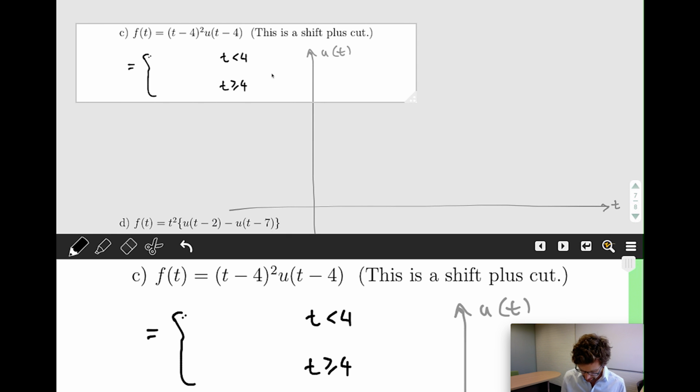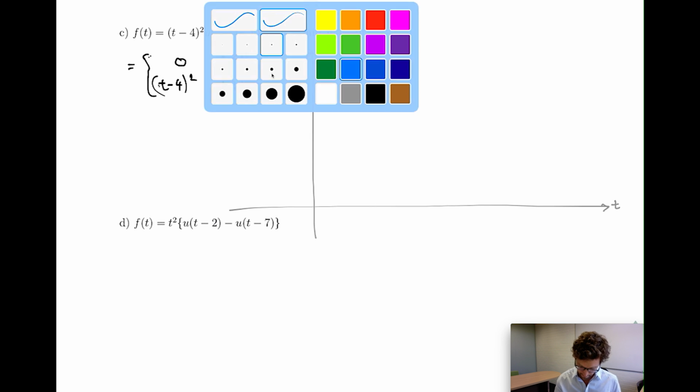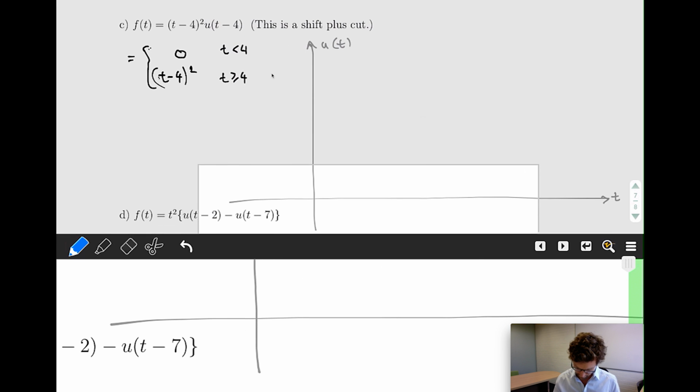So for t less than 4, that Heaviside is 0, so the whole thing is 0. And for t greater than or equal to 4, the Heaviside is 1, and so this thing is t minus 4 all squared. So what is that actually going to look like? Well, once again, I'm going to have 0 up until t is equal to 4.